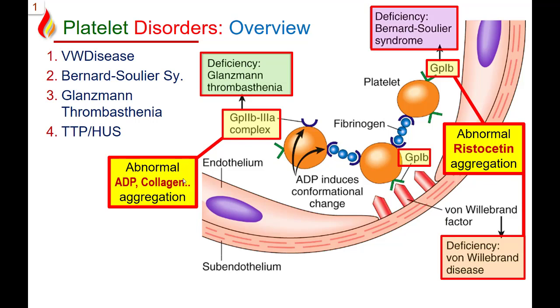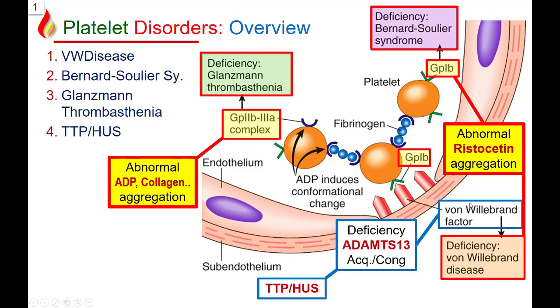And the last but not least is acquired and congenital disorder of von Willebrand factor breakdown. Normally, von Willebrand factor promotes platelet adhesion, but once the injury is healed, the von Willebrand factor has to be broken down by ADAMTS13.